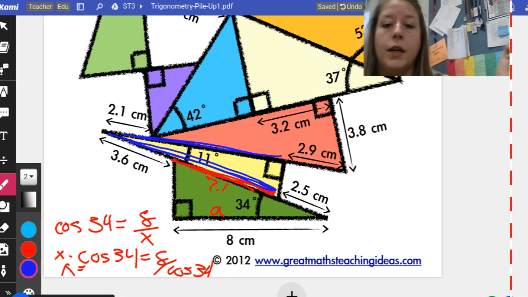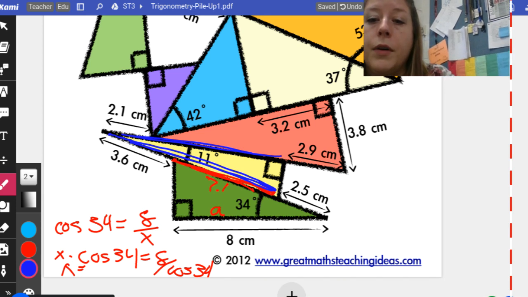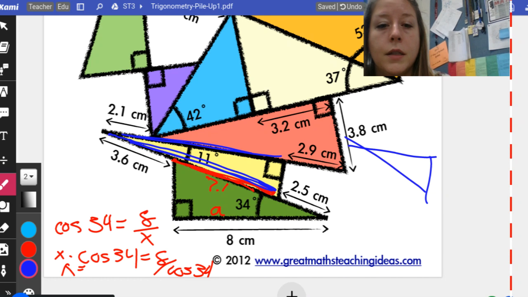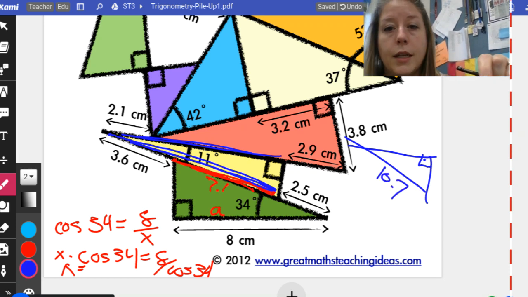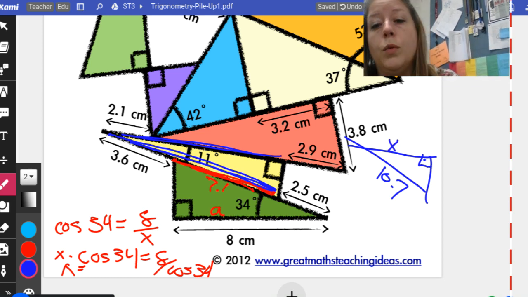So I have this triangle, and it might very well help you to redraw some things. I have my right angle right there. This side is 10.7 because it's 3.6 and 7.1 together. That's the hypotenuse, and I need to find that side. So where's my angle? Here's my 11 right here.